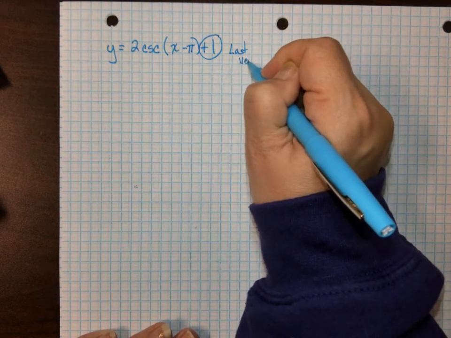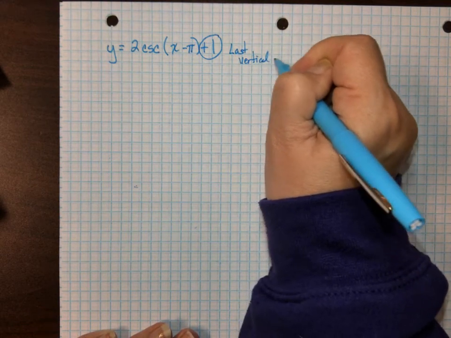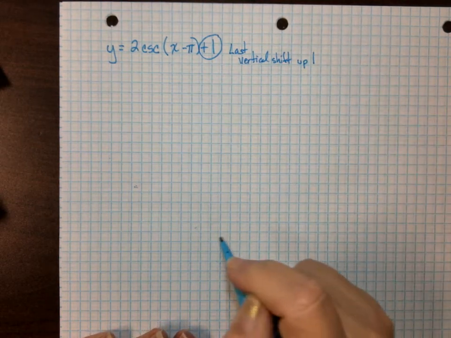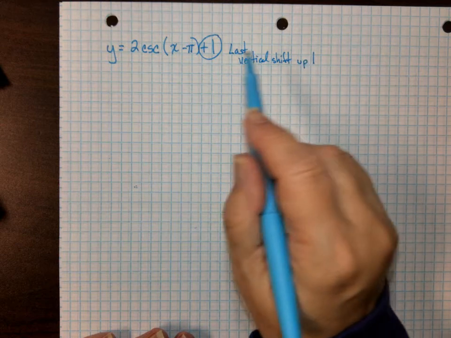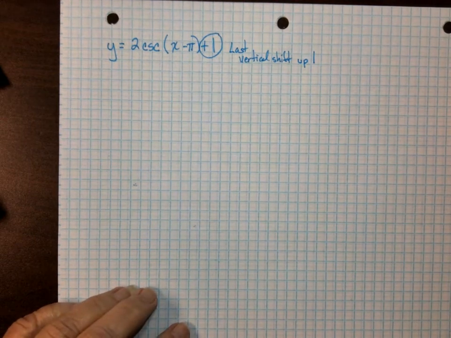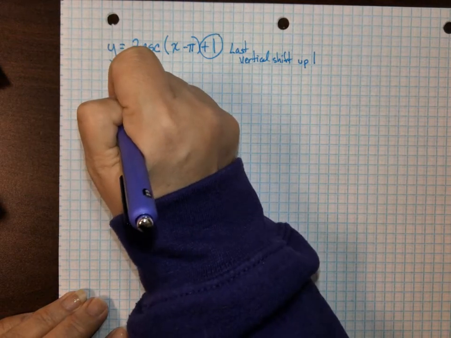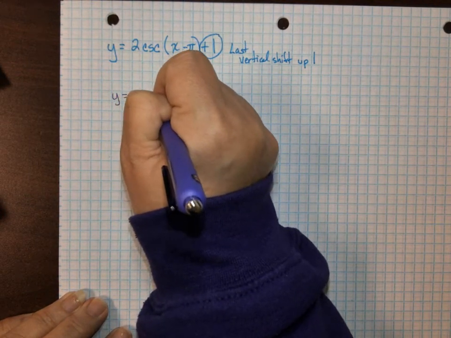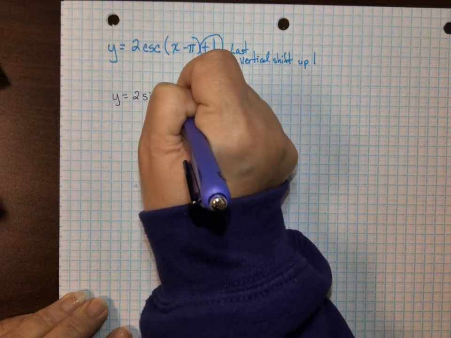It's going to cause a vertical shift up 1. So what we want to do here is graph the function y equals 2 times the sine of (x minus pi).